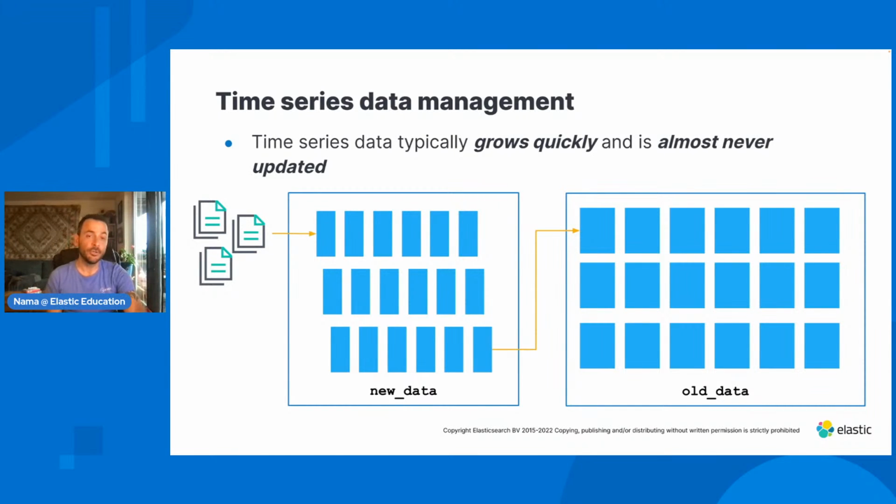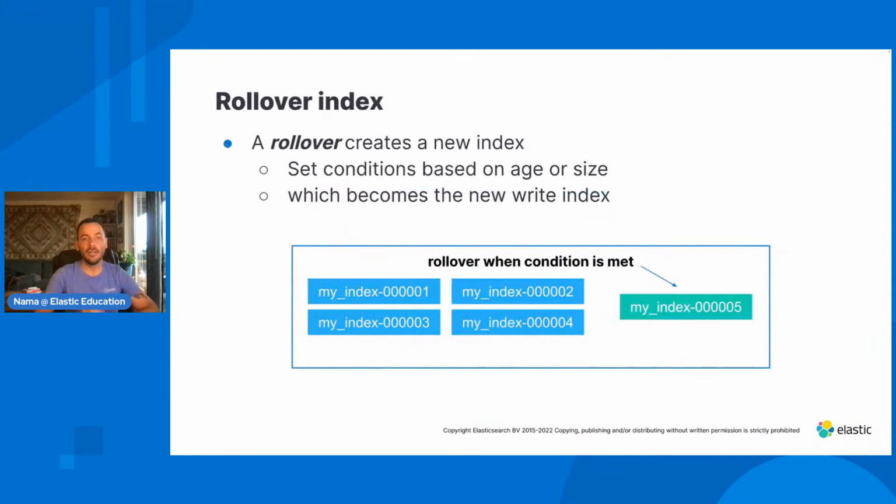Introducing a concept called rollover. The rollover index process allows us to set up a couple of conditions, like a certain size or a certain age, and if they are met, the index stops getting indexed to, and a new index gets created for the indexing to happen to.